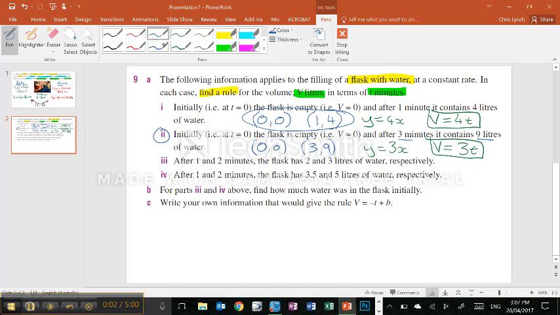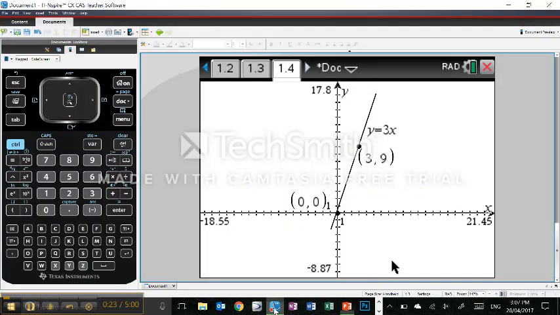Moving forward into our next question, this says after 1 and 2 minutes, the flask has 2 and 3 litres of water respectively. So we need to be careful about how we write these coordinates. After 1 minute, it has 2 litres. After 2 minutes, it has 3 litres. So it's going to be 1, 2 and 2, 3.